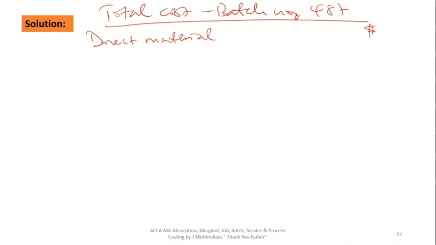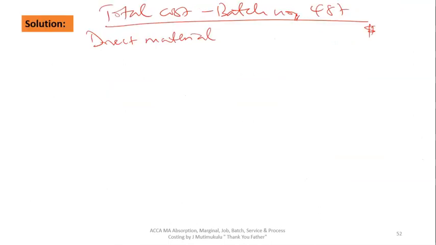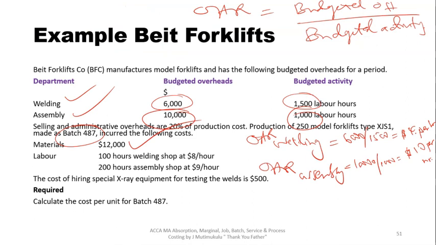So the direct materials from the question, we are told that they were 12,000 clearly. And then we go to the direct labor. For the direct labor now, we have to consult. There were 100 hours welding shop at $8 per hour, and then 200 hours assembly shop at $9.